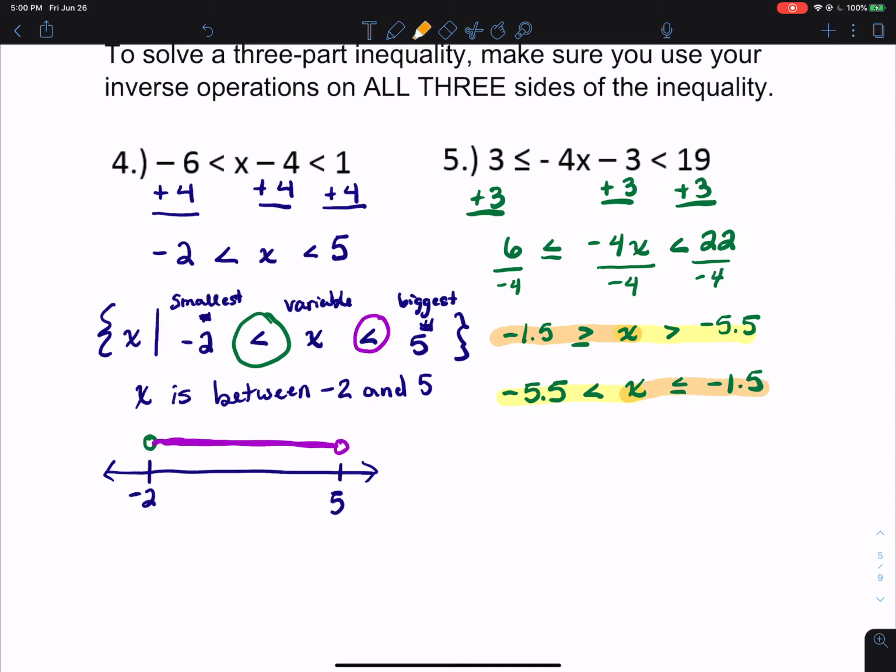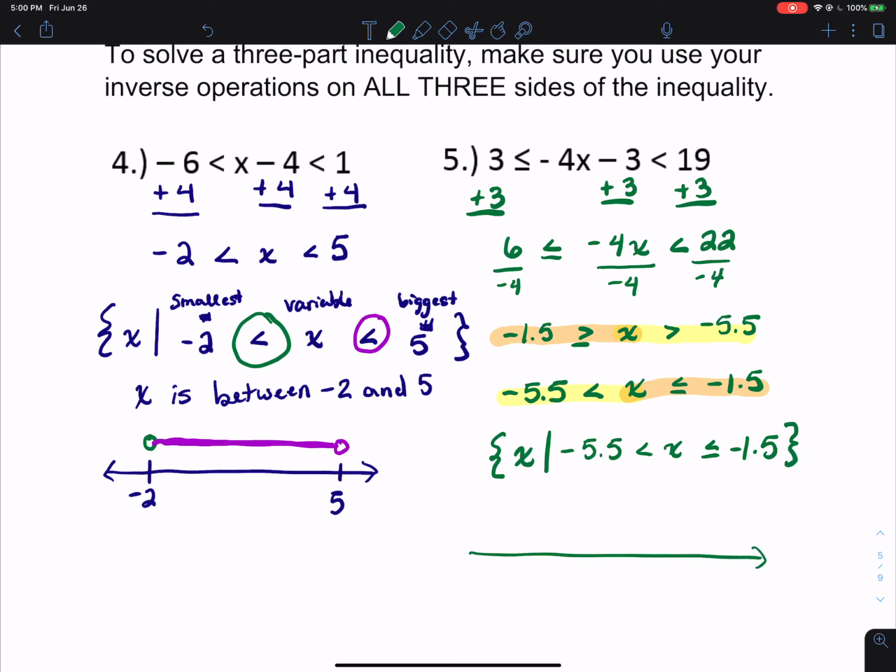And here, my inequality symbol is open towards my -1.5. So when I write this in set builder notation, I'm saying that I solved for x, and I got -5.5 is less than x, which is less than or equal to negative 1.5.